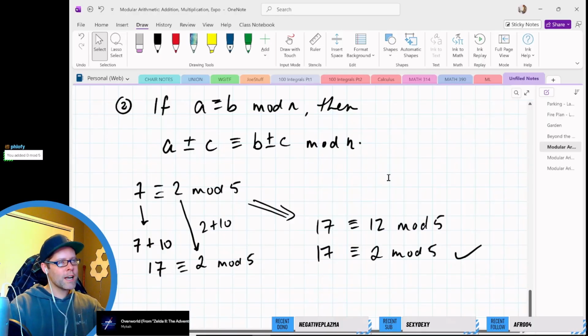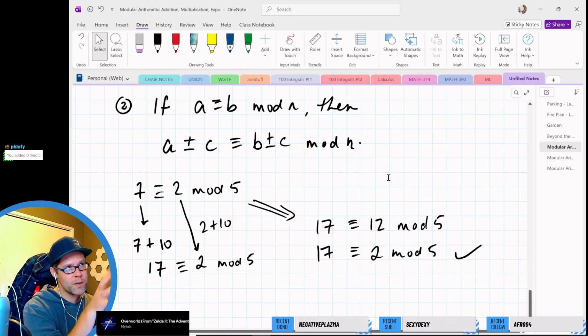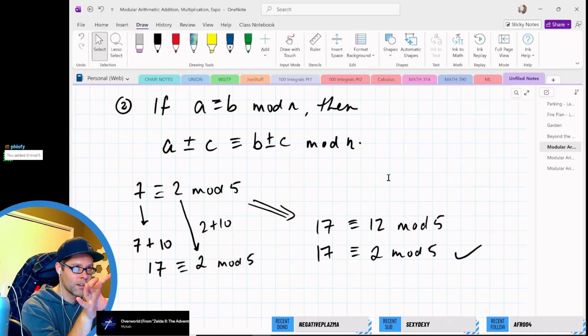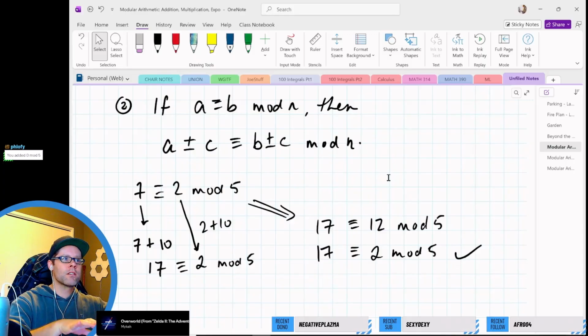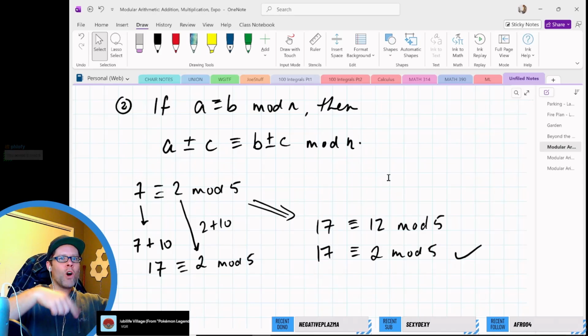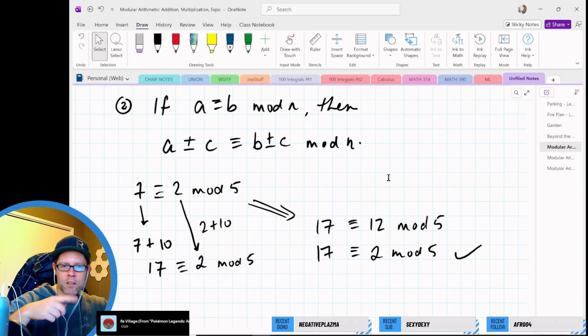And again, if you think about it in terms of remainders, if you're doing this division by 5 to get a remainder, it doesn't matter if you start with the remainder or you start with that original number. As long as you're adding or subtracting the same amount of objects and then doing that division afterwards, you've altered the remainders by the same amount, effectively.